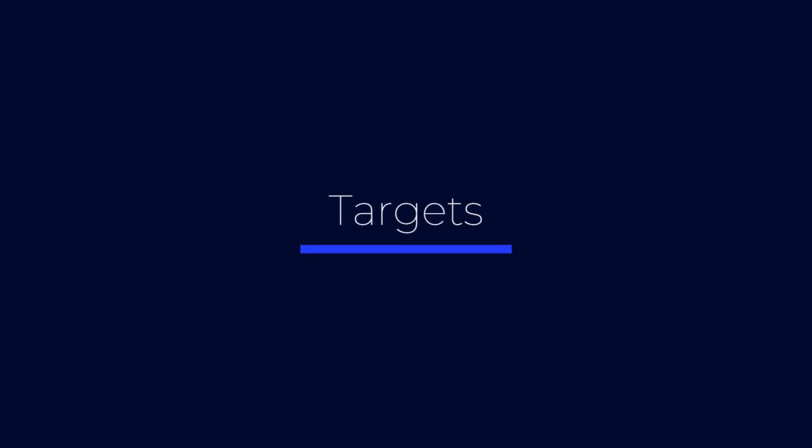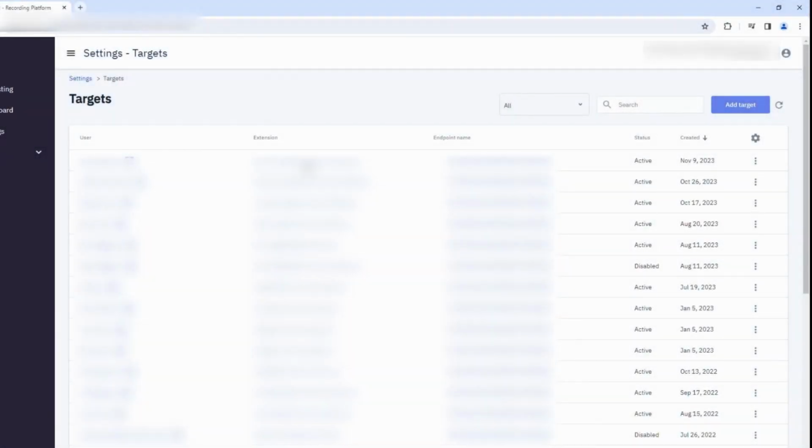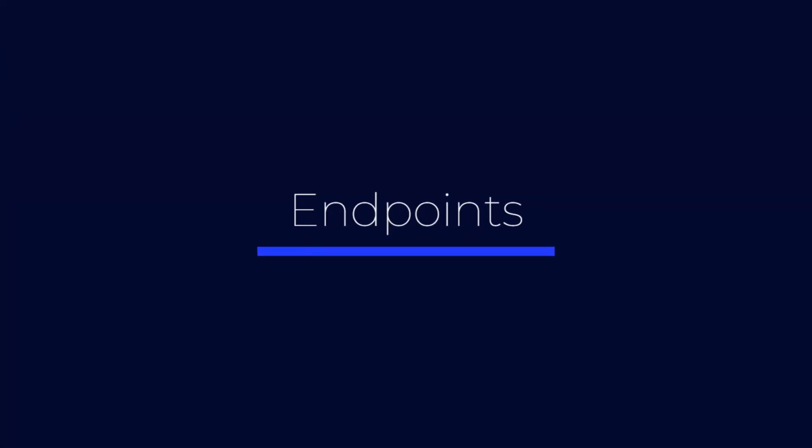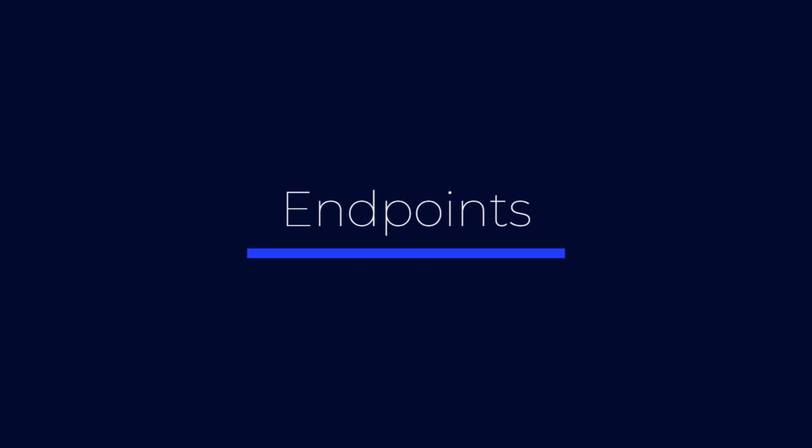Targets, these are the recorded targets. So when a user gets created, if they're a recorded user, they would have to have the applicable target that they're being recorded on, as well as the endpoint that's associated. Now, what an endpoint is, endpoints are the mechanisms of connecting integrations into a single user tenant.